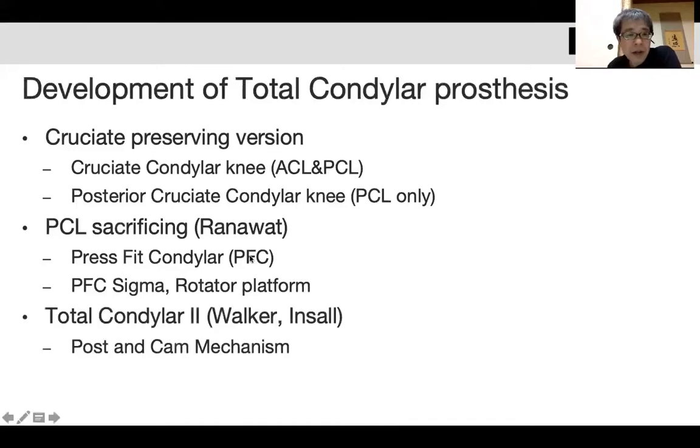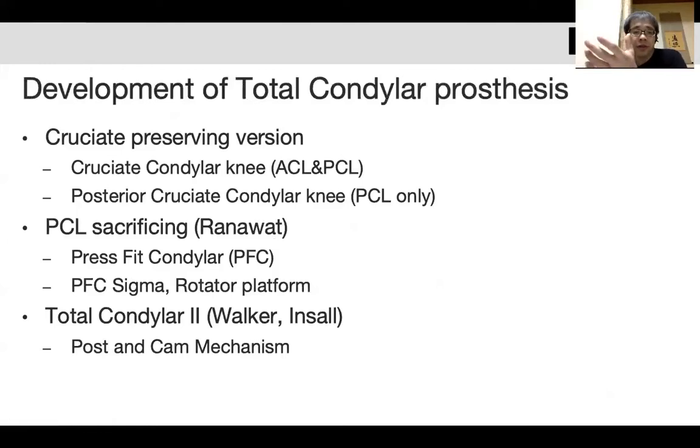One way is the cruciate preserving version. This is the kind of anatomical approach. So retain at least the PCL in some knees, or both ACL and PCL, and only resurface the articular surface. And the PCL sacrificing knee is the condylar knee.